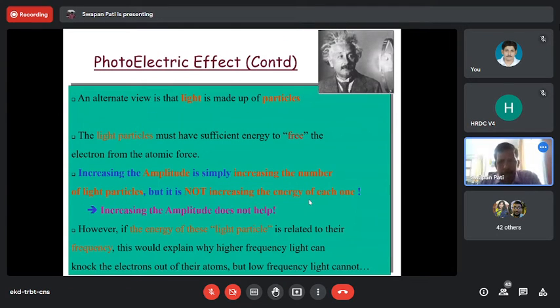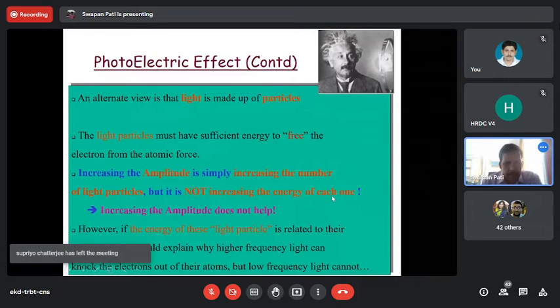Brightness increases. However, if you think that light is made up of particles, then the light particles must have sufficient energy to free the electron from the atomic force. Increasing the amplitude is simply increasing the number of light particles, but it is not increasing the energy of each particle. Increasing the amplitude does not help.